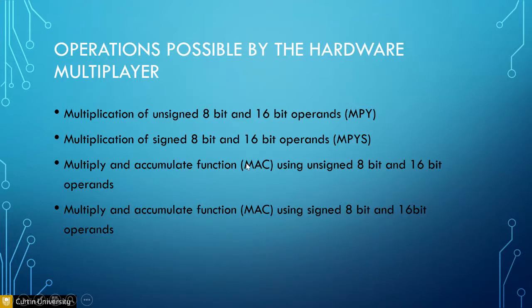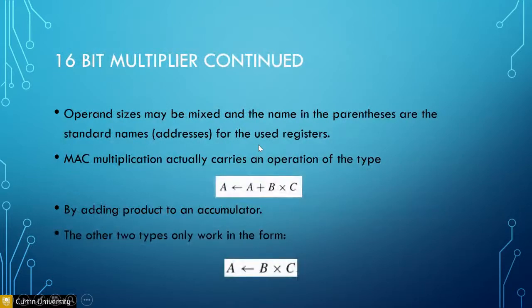You put the values into these three registers, and automatically the hardware will do the multiplication for you. Let's say, for example, you have A equals A plus B multiplied by C. The MSP multiplication actually carries out an operation of the type A plus B multiplied by C, so whatever exists in A will be equal to A plus B times C.